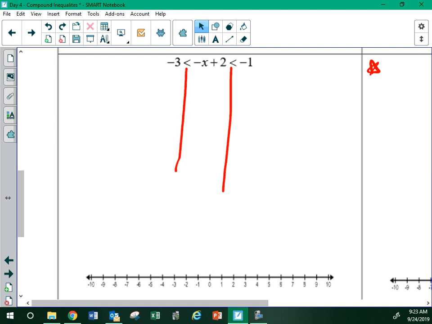Now, negative 3 minus 2. Negative 5, right? And then it's still a negative x, isn't it? The negative is still with the x. Now I'm multiplying by -1 times x. That's just the x.